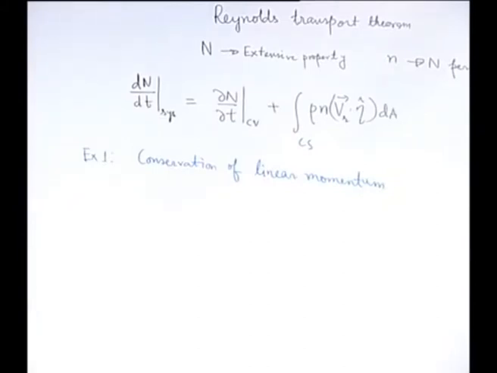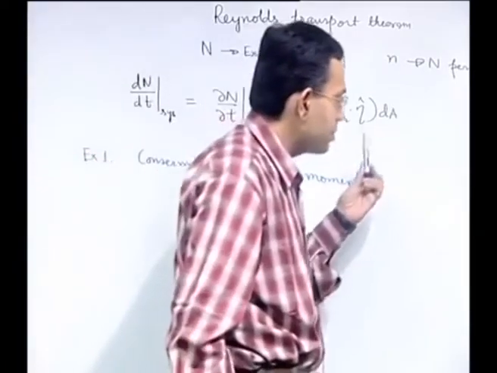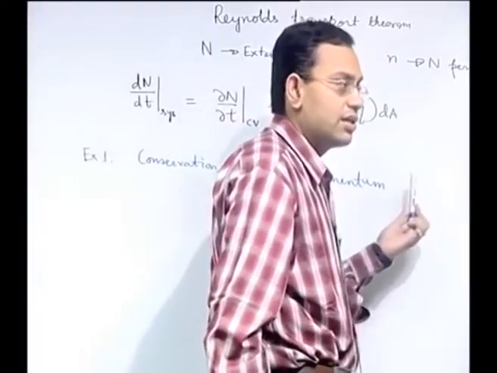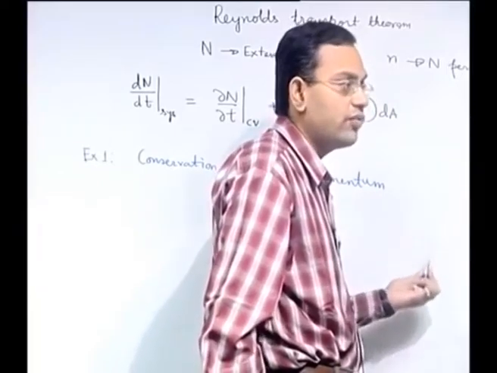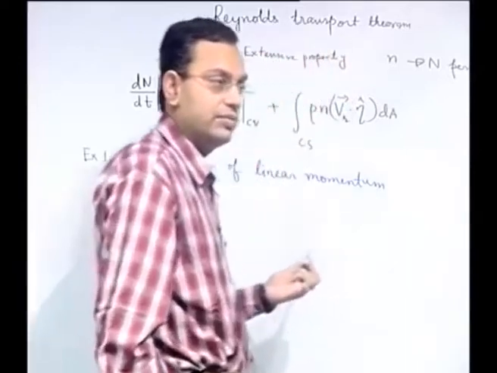So, when we consider conservation of linear momentum, we will be again keeping the two assumptions same as the previous case, that is the control volume is non deformable and the control volume is stationary.